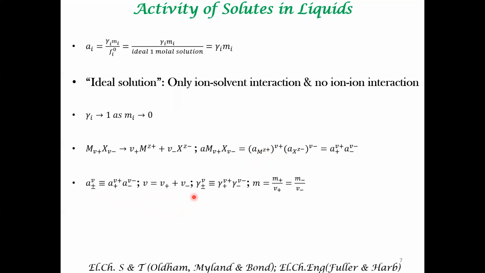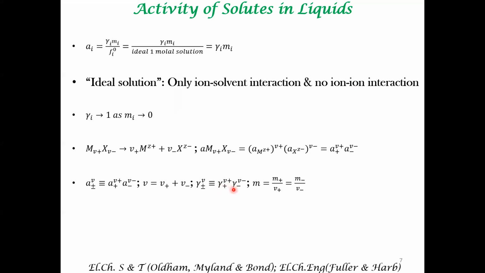With this definition, we can write the activity coefficient in this manner. This is the fundamental definition of the mean ionic activity coefficient of the salt. It has two components, anion and cation. This is the activity coefficient of the cation and anion.